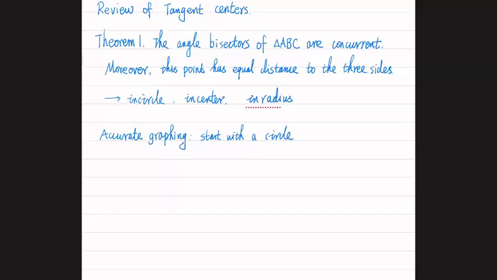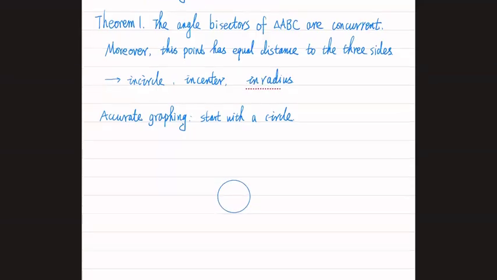If you have a compass, it's easier to draw a circle with a compass. For any circle, I will draw 3 tangent lines, as long as they're not parallel. Kind of arbitrary.